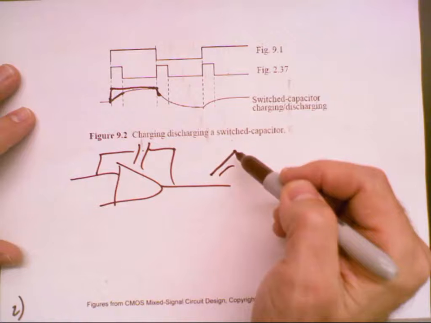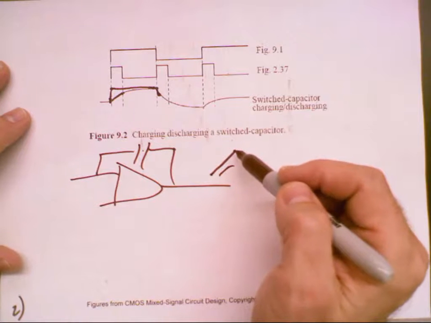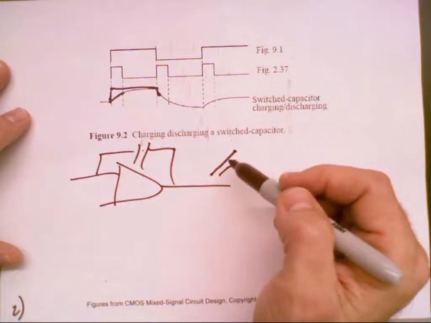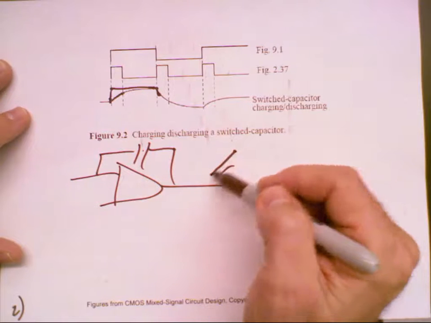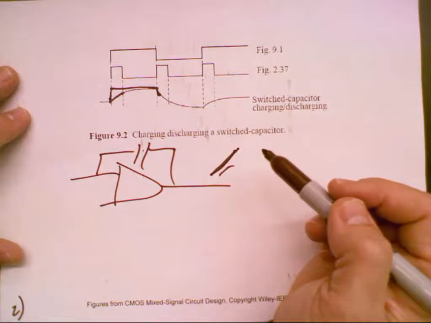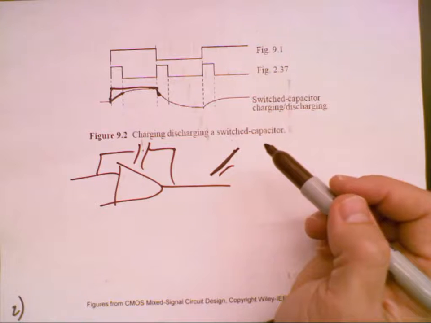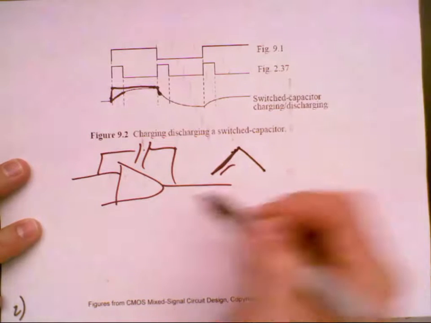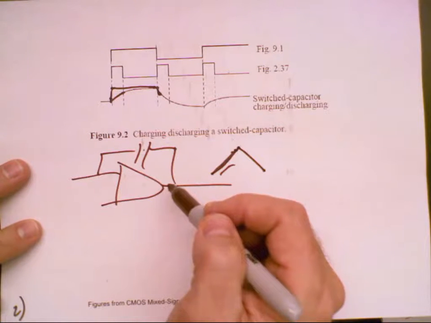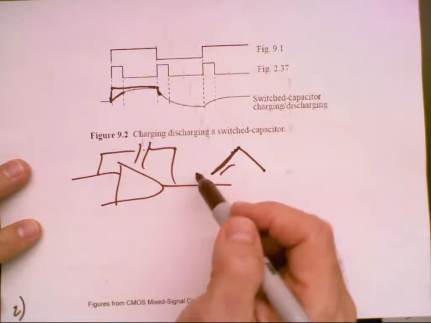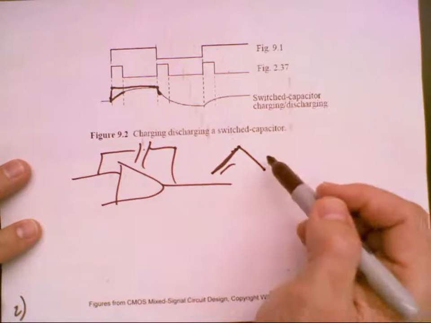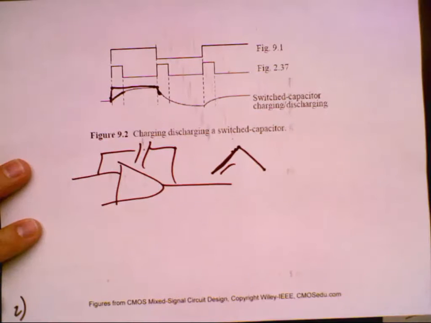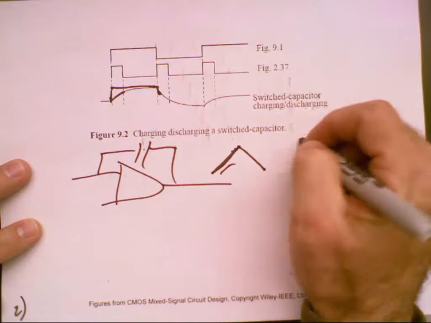If it slews, that's a big problem because you're not linearly adding or removing charge. You're adding charge depending on amplitude and how fast this slews. So we want slewing not to happen in our op amp topology. If I look at the output of your integrator and see slewing like this because you have a current source in here or something like that, that's a problem. Question? Okay, so slewing is bad.